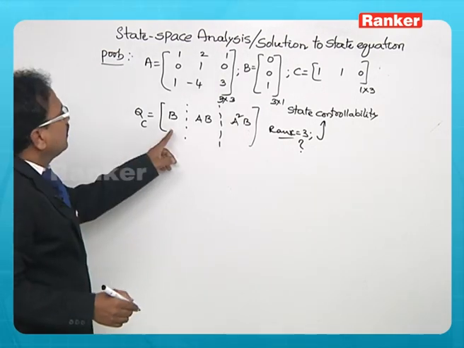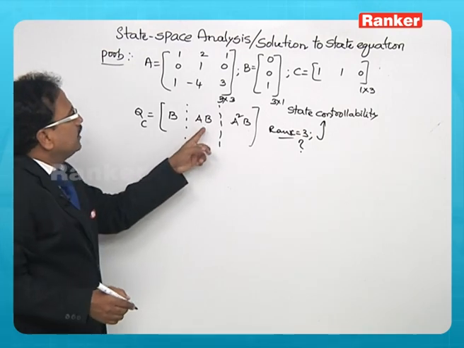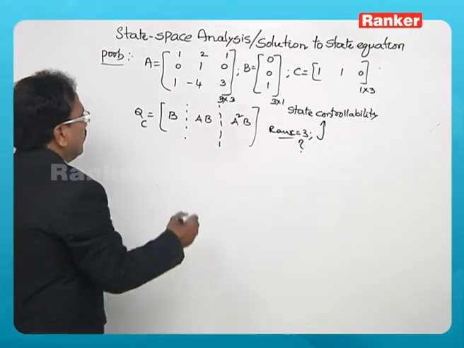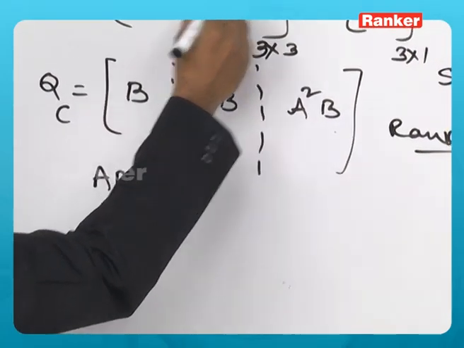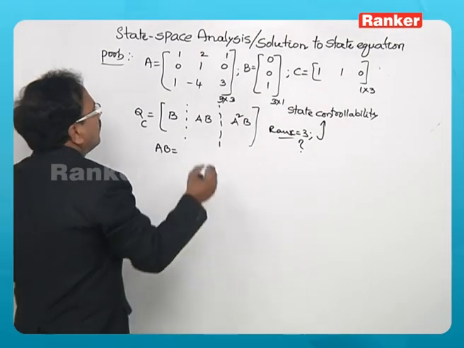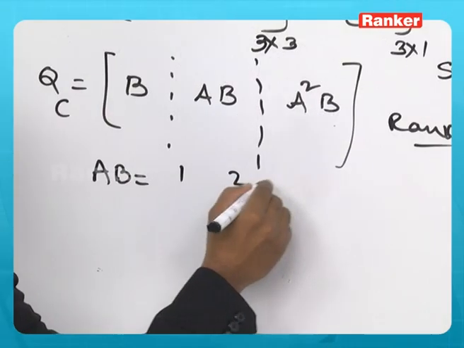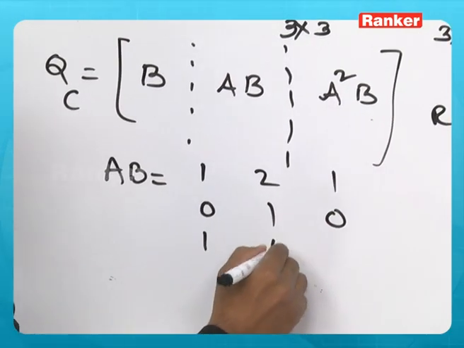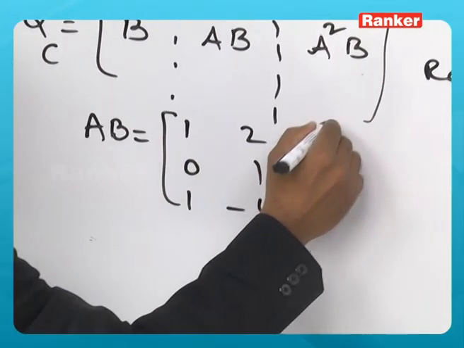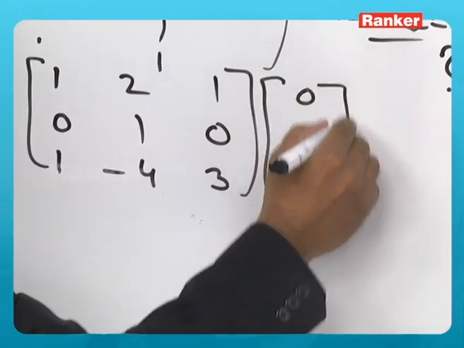B is already available, that is given in the system itself, but you need to find out what AB is. For that, A is given here, B is given here. So, the product of A and B: A is 1 2 1, 0 1 0, 1 minus 4 3, then B is 0 0 1.